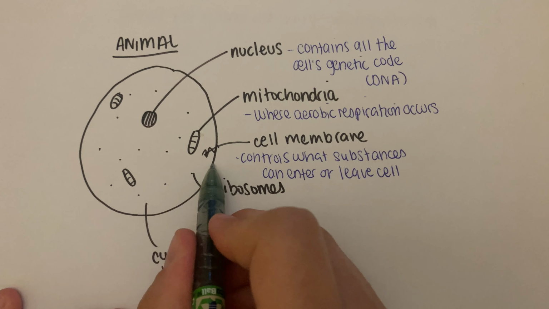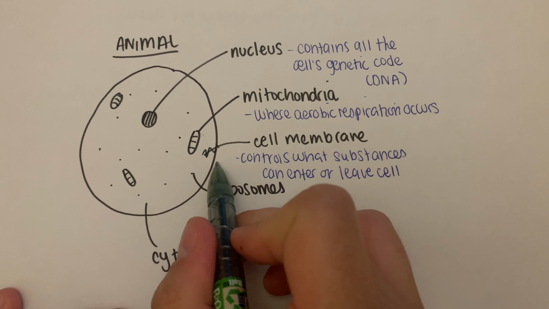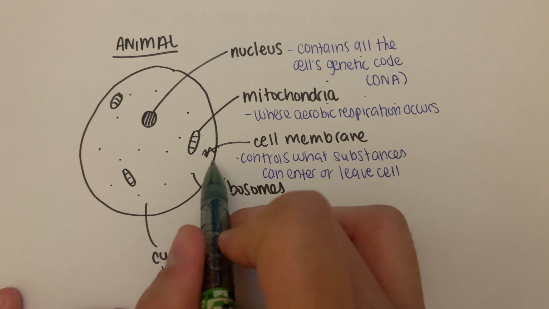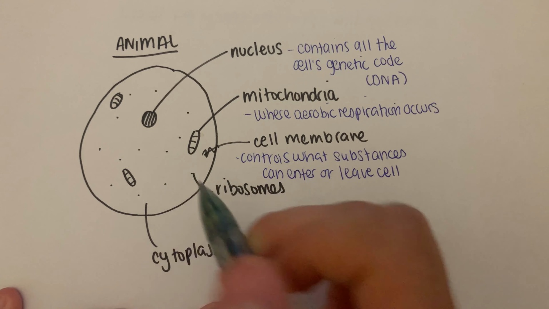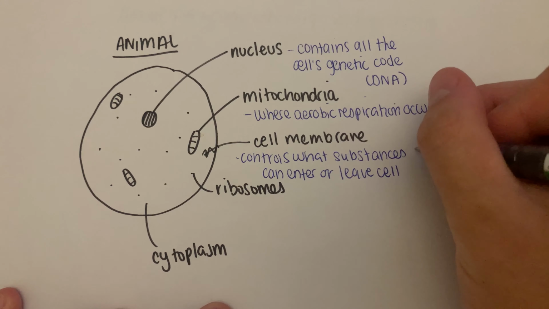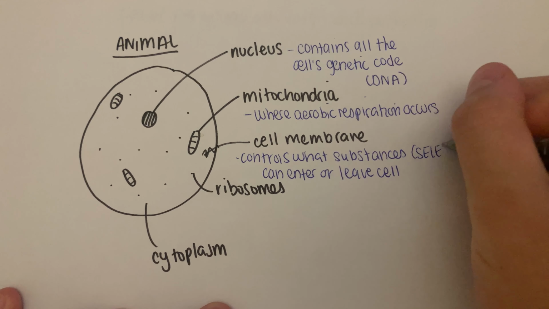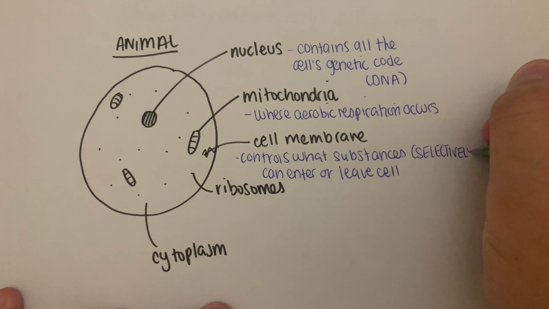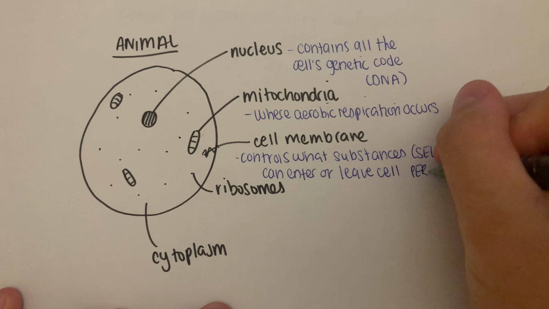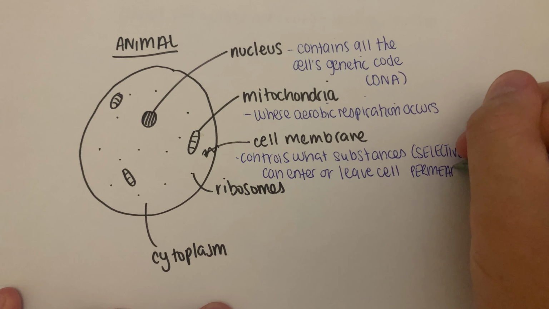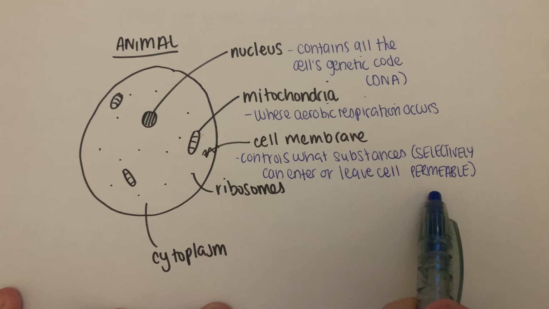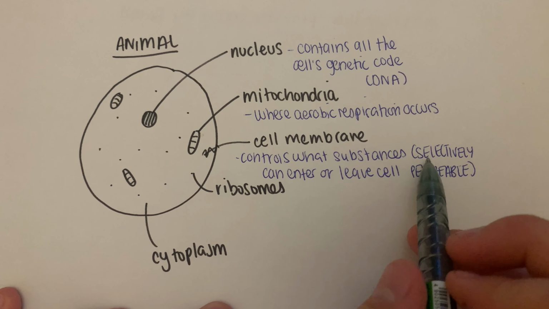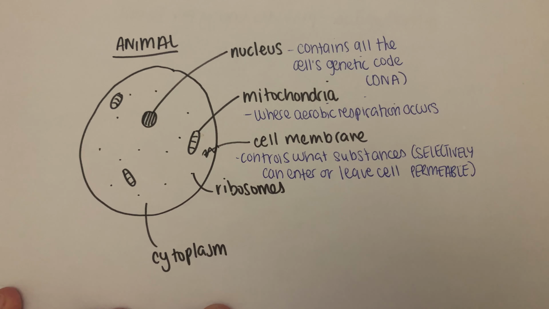So this structure that goes around the cell actually controls what enters the cell, but also what leaves the cell. So this is otherwise known as selectively permeable. Permeable basically just means stuff can go through it, but it's selective, which means it chooses what can go through it. But you don't need to know much more about that.